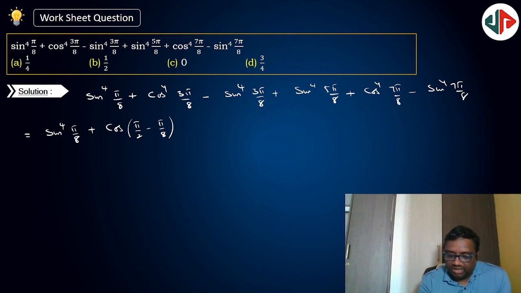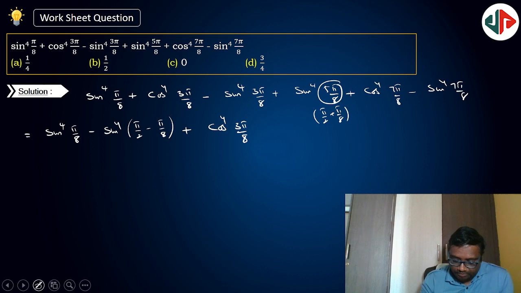Pi by 2 minus pi by 8 means 4 pi minus pi by 8, that is 3 pi by 8. Plus cos^4 3 pi by 8. Okay, now see, just 1 minute.